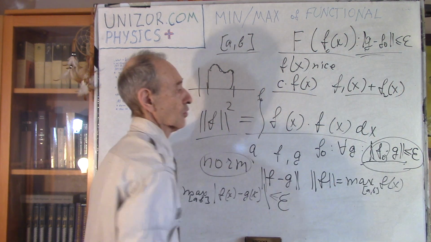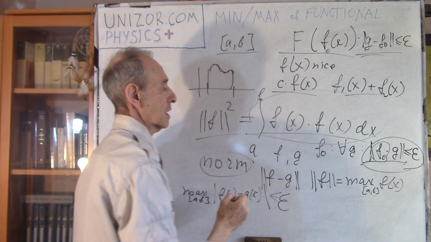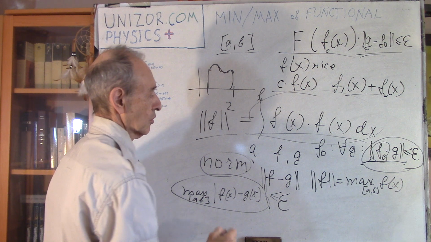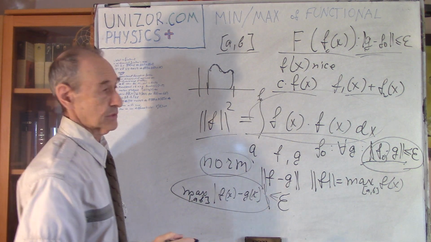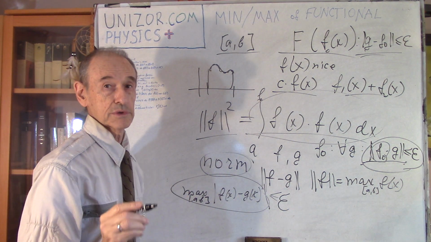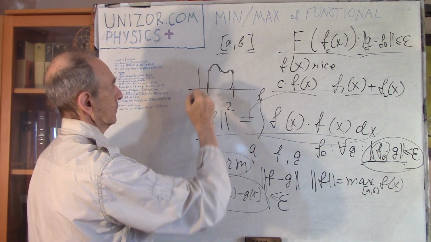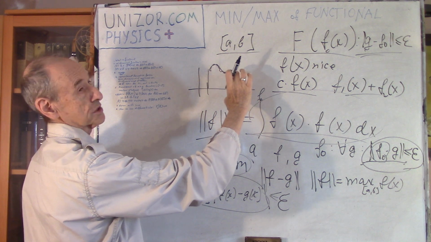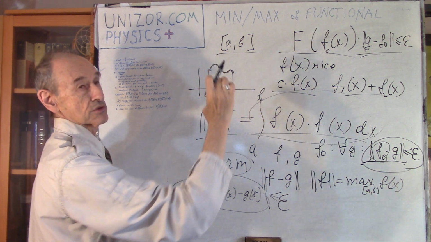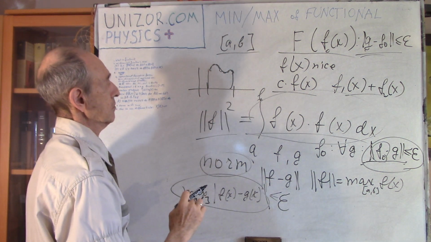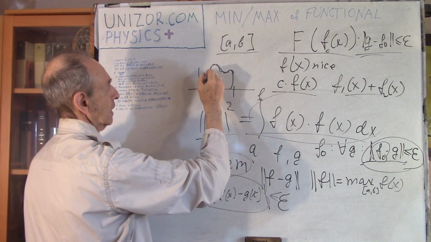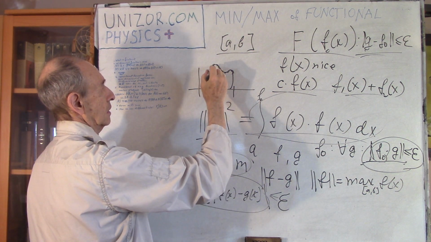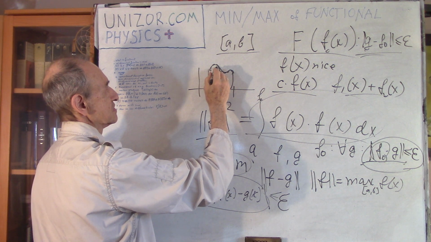Whatever the definition of norm is, as a scalar product maybe, or as a maximum, or even another definition of norm, which is also very important in physics. Now, this is the definition of the ordinates. So ordinates are not supposed to differ by much. But what if you have a very sharp teeth here?